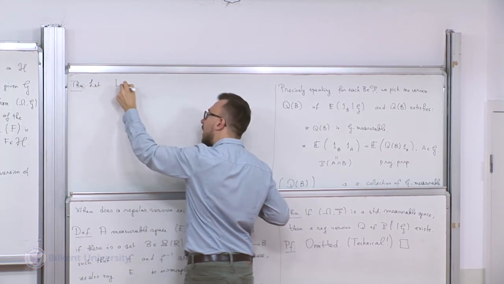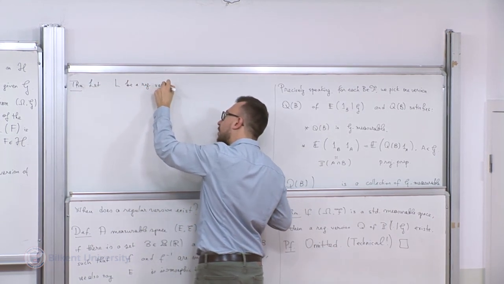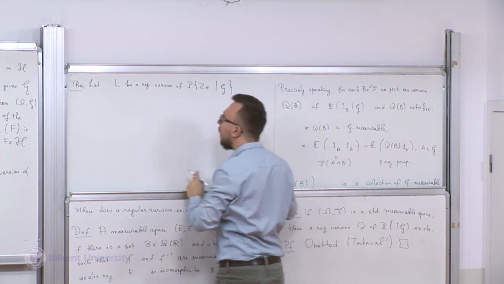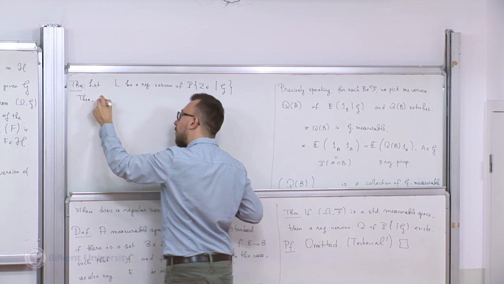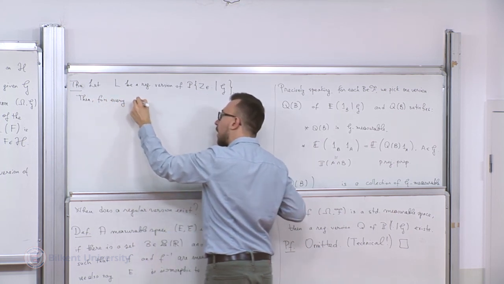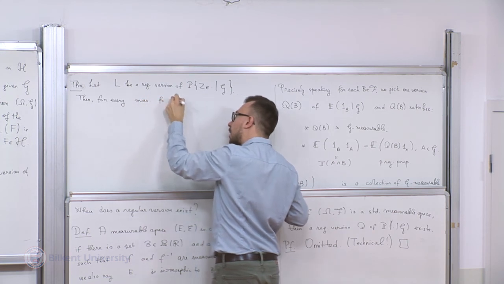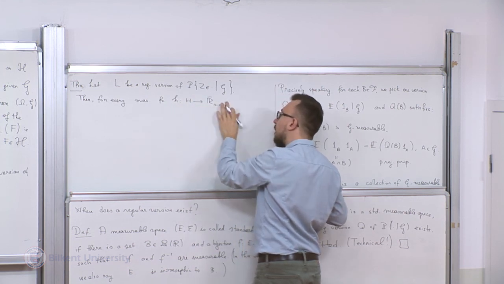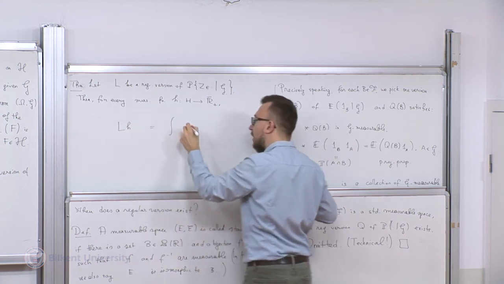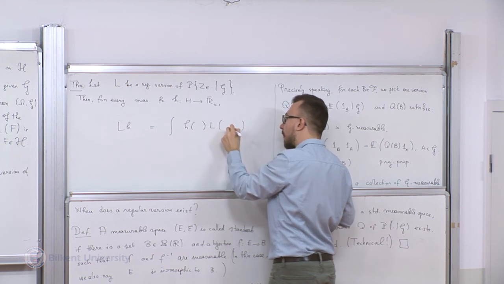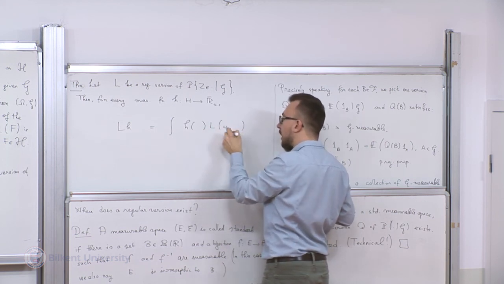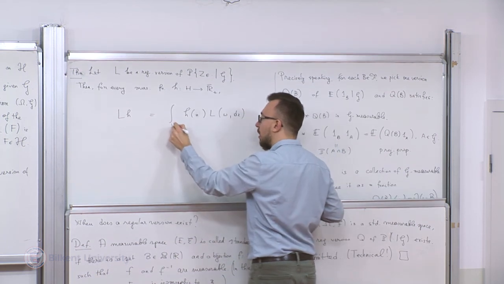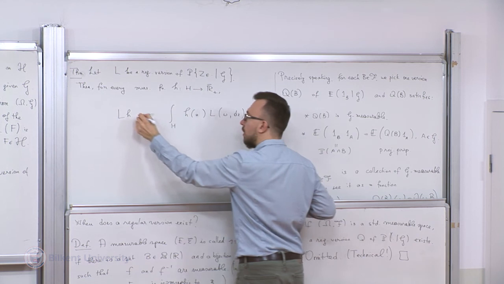Let L be a regular version of the conditional distribution of Z given G. Then for every measurable function H from H to R bar plus, the integral of H with respect to L, omega and dz, is a function of omega.